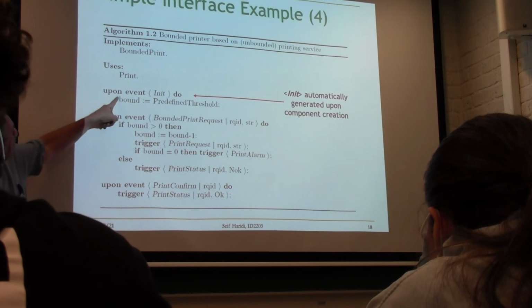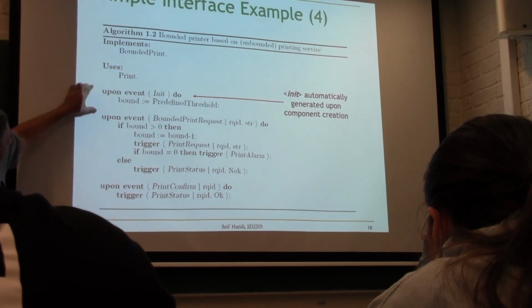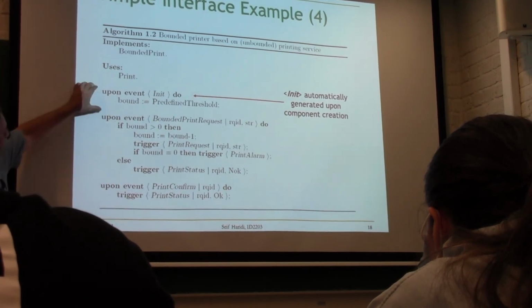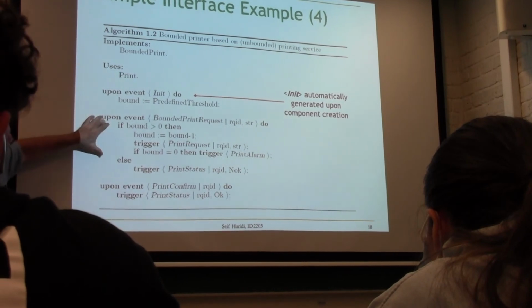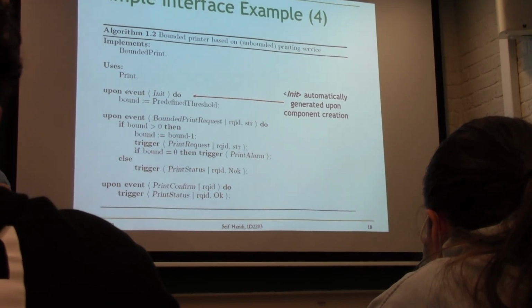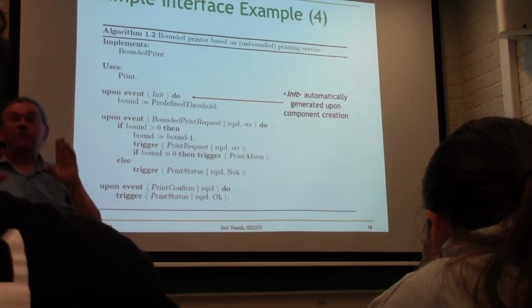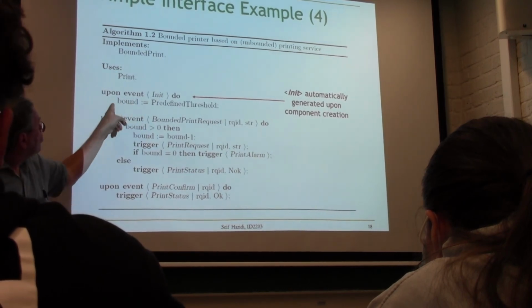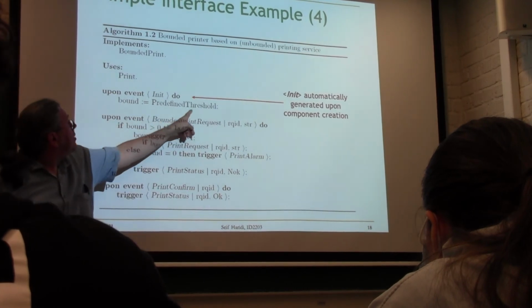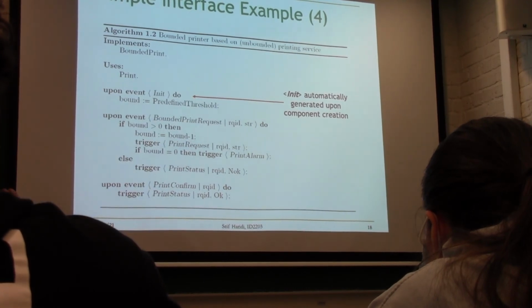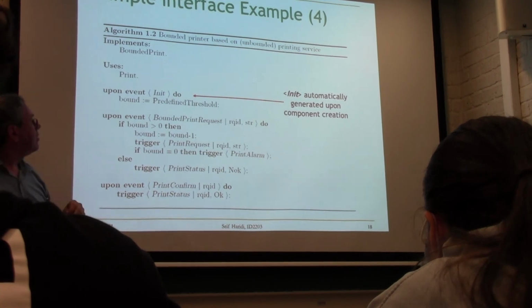So we have a local variable. We have three little upon events in here, and each one of these executes when the event arrives. When you start up, you automatically have an init event. Bound is a local variable, set to the predefined threshold, 1,000 print requests.